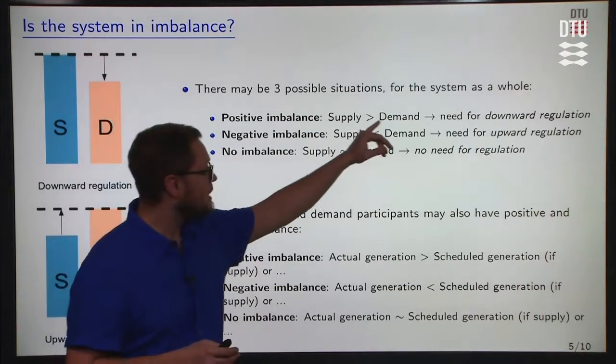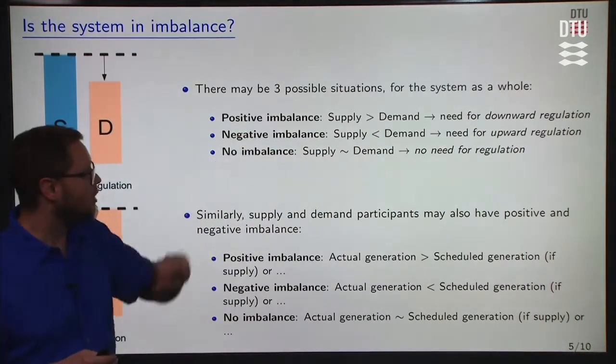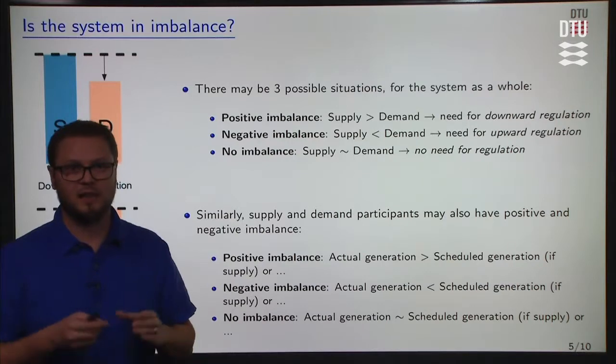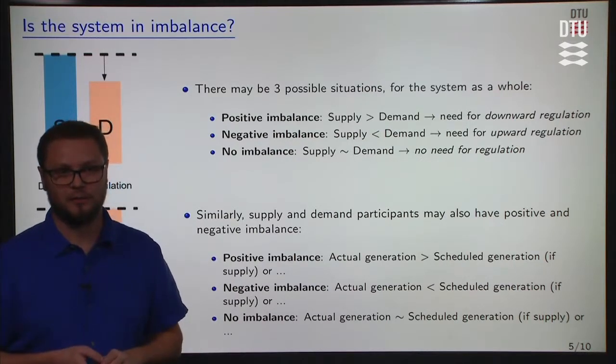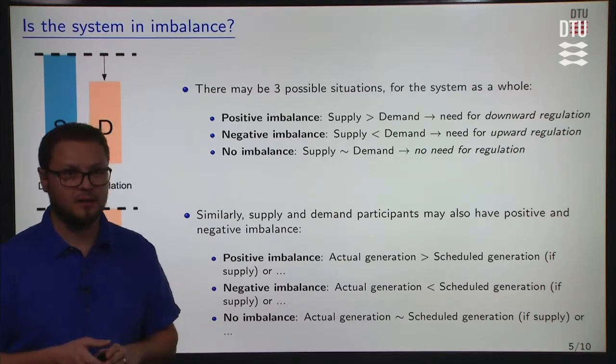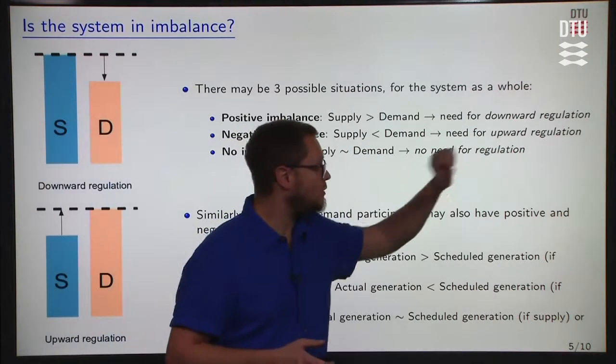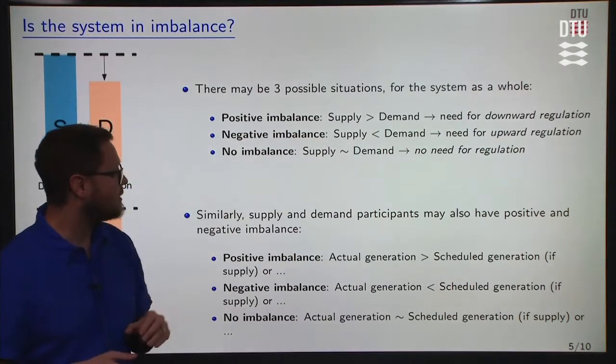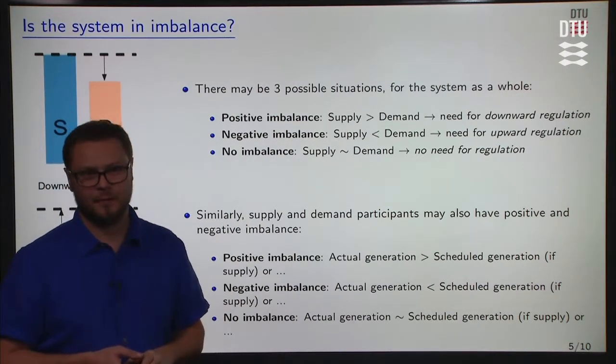If supply is greater than demand, we talk about positive imbalances and there's a need for downward regulation. At the opposite, if supply is less than demand, we will need upward regulation and we talk about negative imbalances.